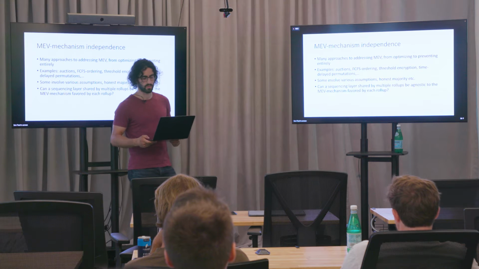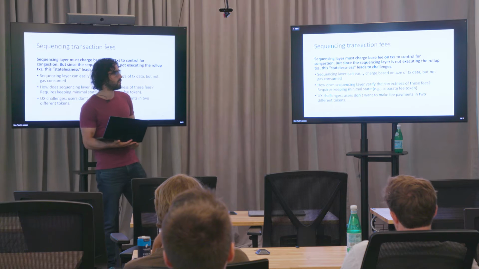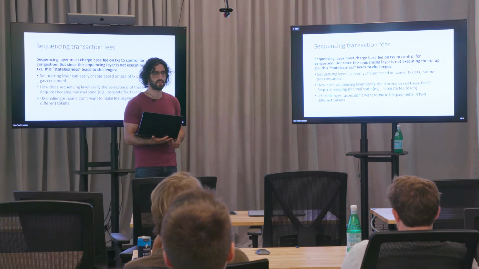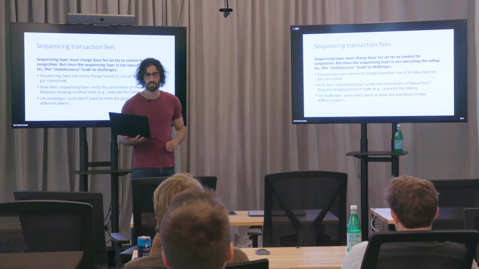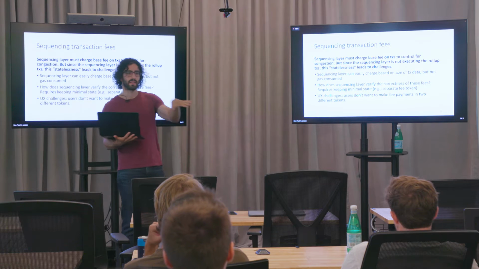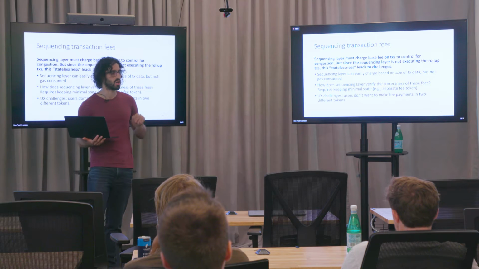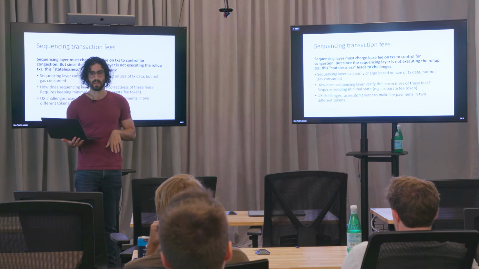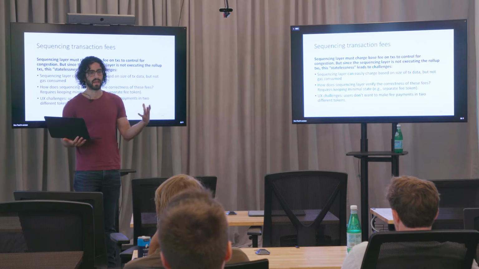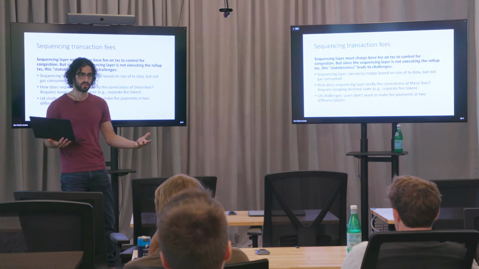Does it impact interoperability? And finally, there's a question of how a sequencing layer that is not executing for each rollup should charge for transactions. One challenge here is that because it's not executing on each rollup, it doesn't necessarily have the ability to charge based on the gas consumed by transactions, because in order to check how much gas a transaction is consuming, you have to execute it in general.